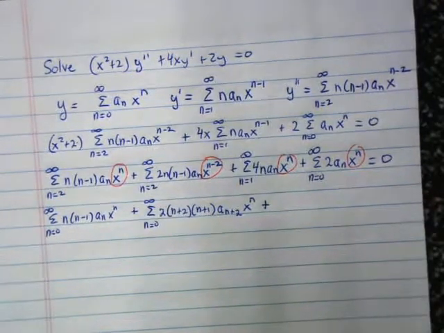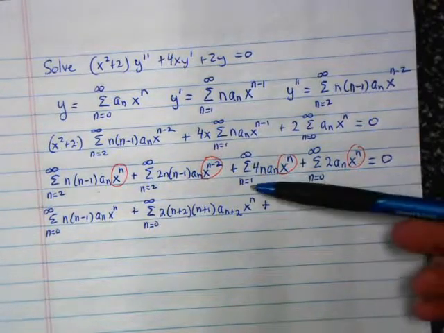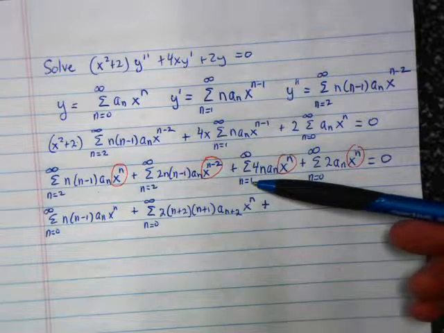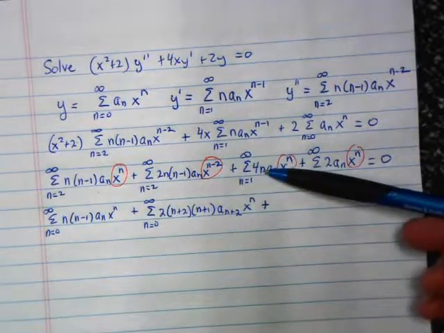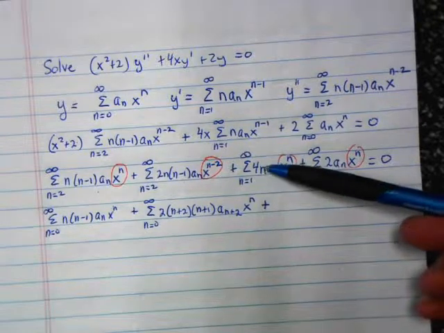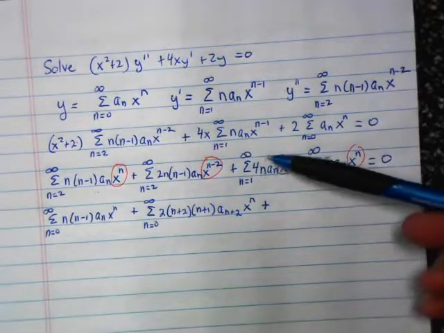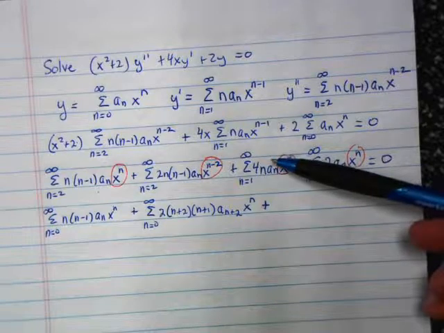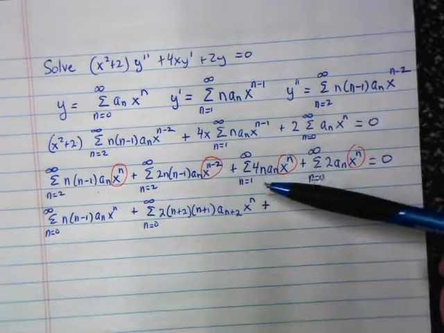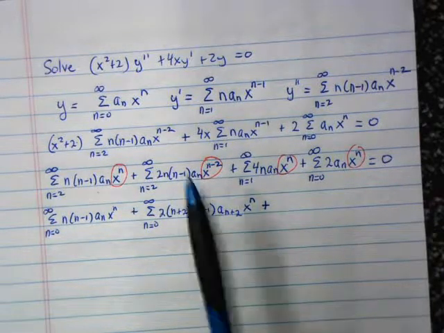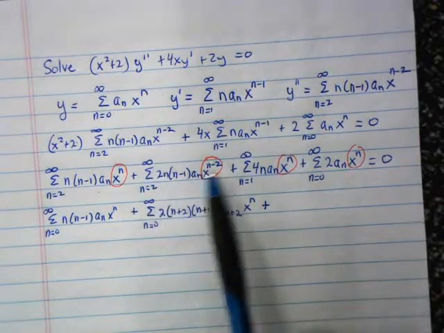Third one, I think I can do the exact same trick. Can't I just start this one at 0? Yeah, because if I start it at 0, when I plug 0 in, I'm going to get 0 right there for that n. 0 times anything is 0. So you see the 2 techniques that happen there? There's usually one of them, maybe 2, where you're going to have to shift the indices.